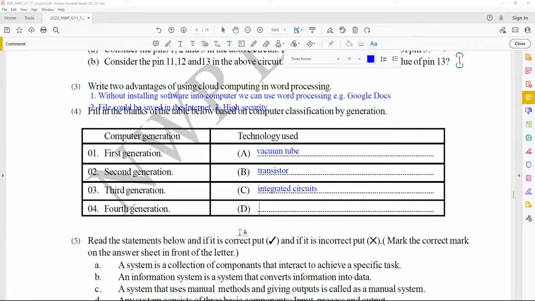Yes, we can say VLSI, very large scale integration. You have a large number of transistors. Right. Fifth one.